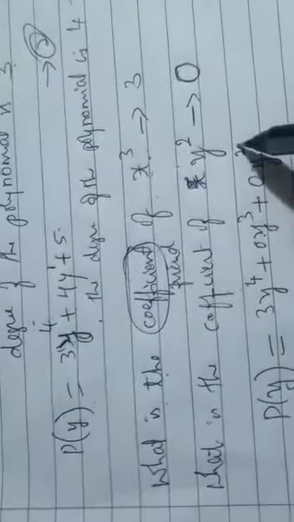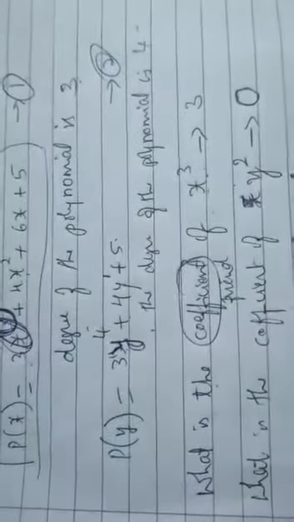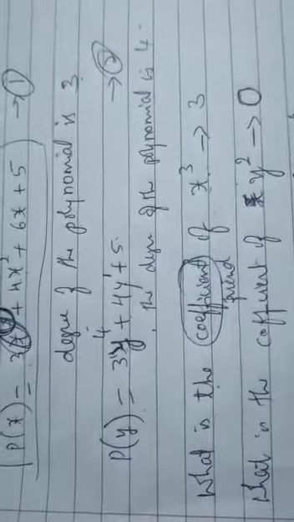I can write this equation as 3y to the power 4 plus 0 y to the power cube plus 0 y to the power square plus 4y plus 5, in terms of decreasing order.